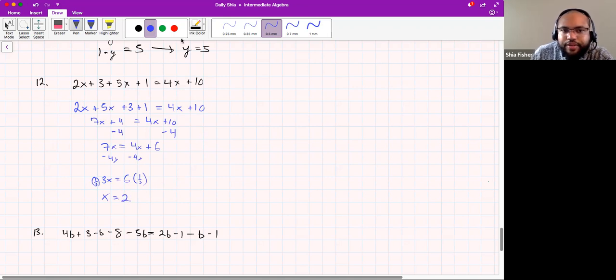And then, of course, I want to check my work. 2 times 2 plus 3 plus 5 times 2 plus 1. That's the left-hand side. That's 4 plus 3 plus 10 plus 1.